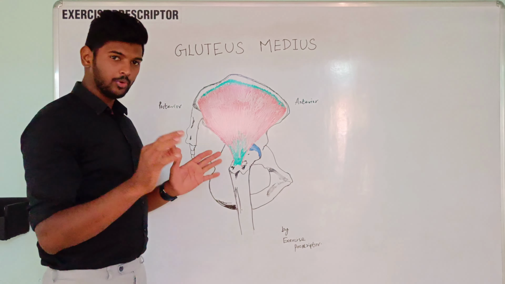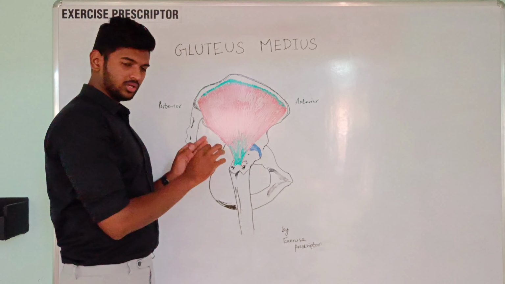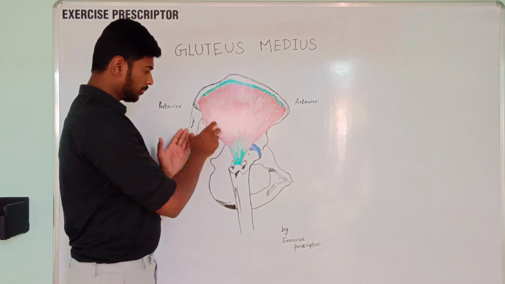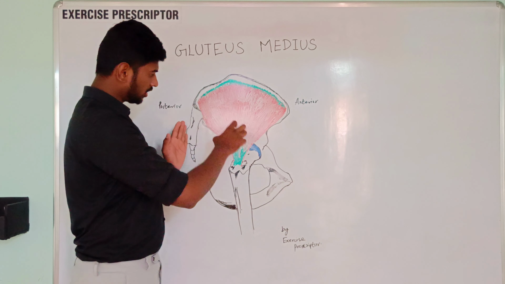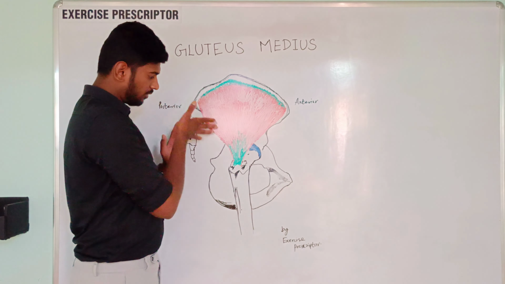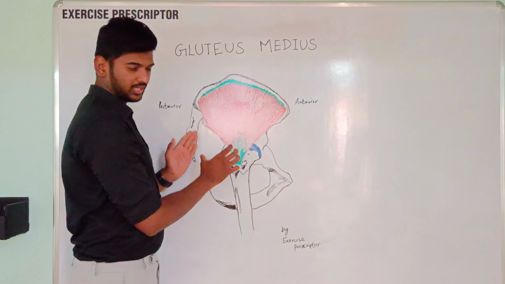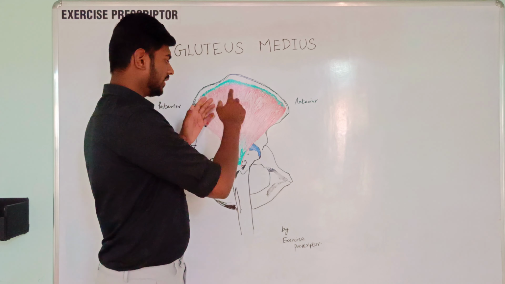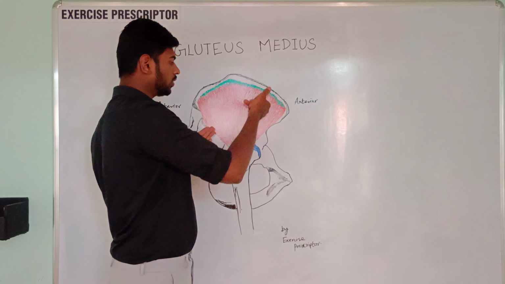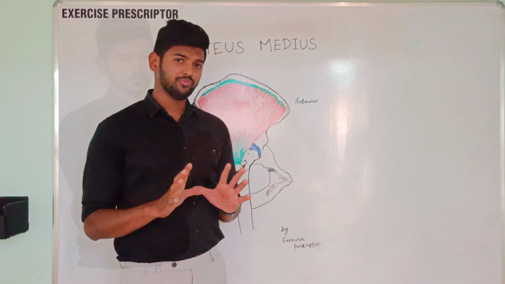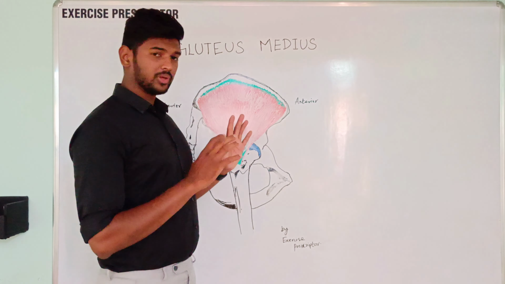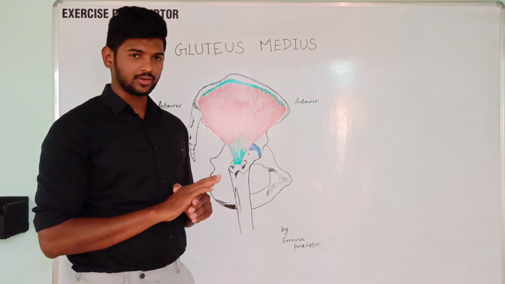Third point, posterior fibers lie next to the piriformis, running in essentially the same direction. Fourth point, gluteus minimus is deep to the gluteus medius. Fifth point, gluteus medius forms part of the lateral myofascial line.